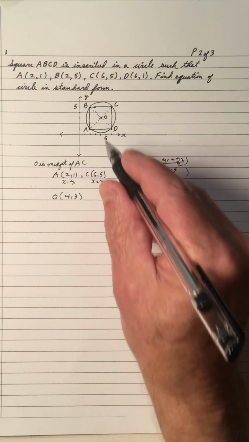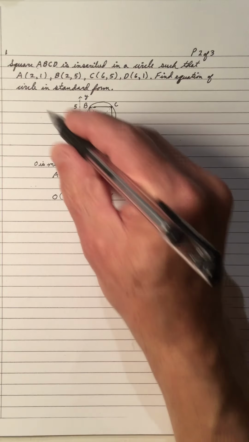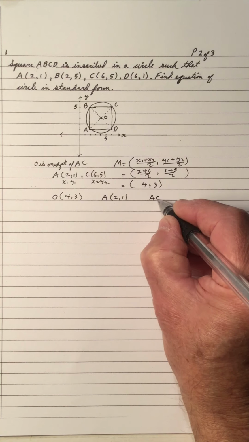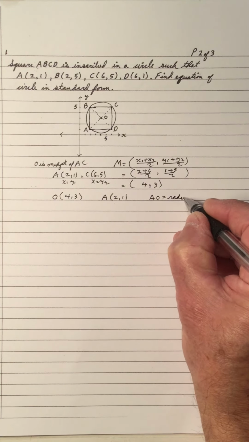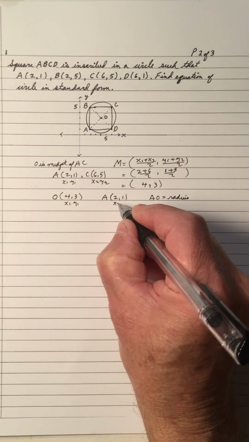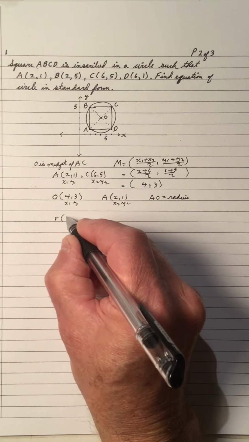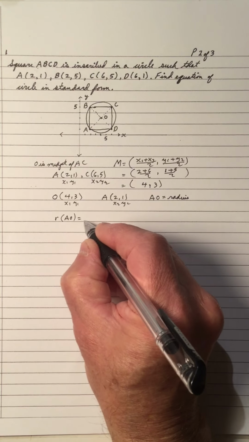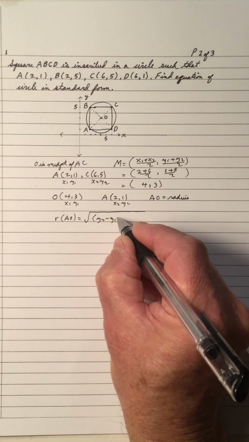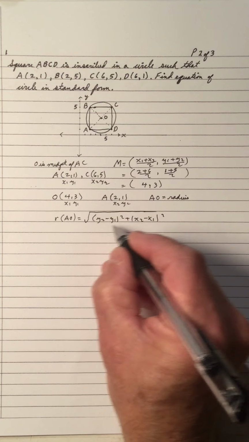Now, take A, which is a point on the circle, so A is (2, 1). That means AO is the radius. Using the distance formula, the radius AO is the square root of (y2 minus y1) squared plus (x2 minus x1) squared.